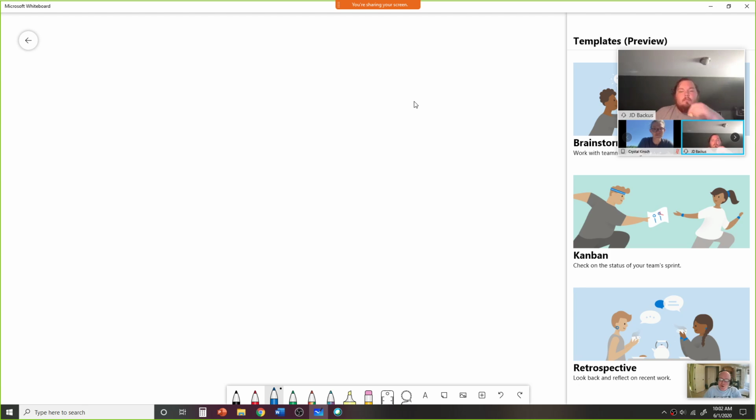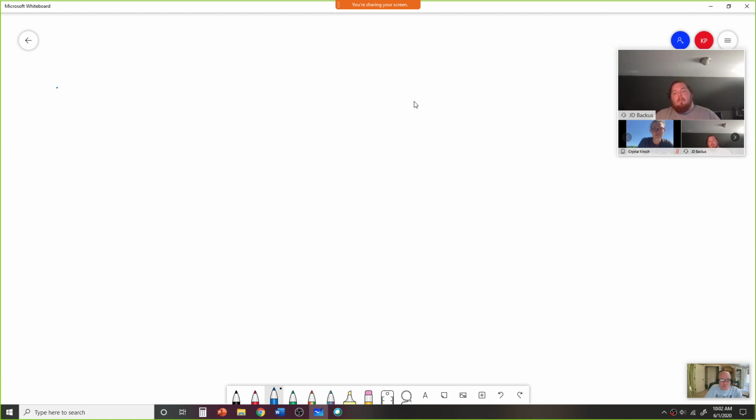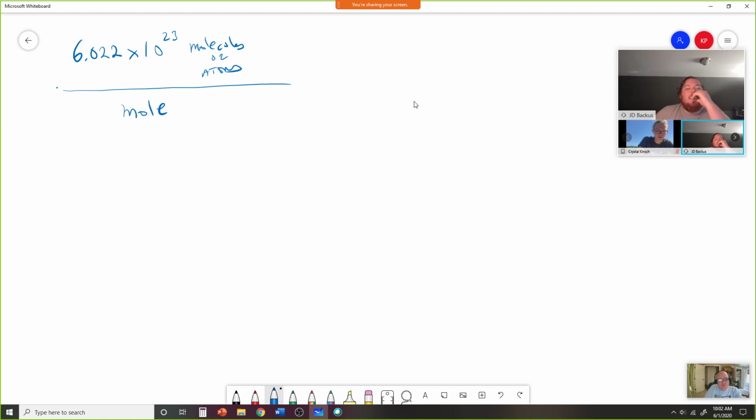So far on this chapter, besides some definitions and such, the real mathy stuff, and we should be practicing with balance equations and things like that, we have 6.022 times 10 to the 23rd molecules or atoms for every something called a mole.